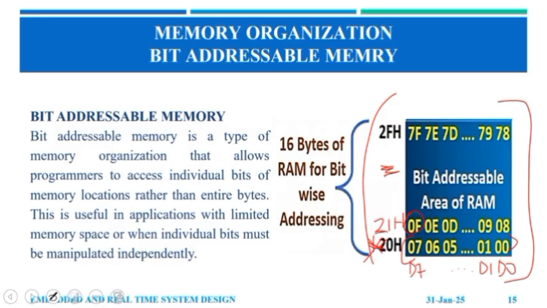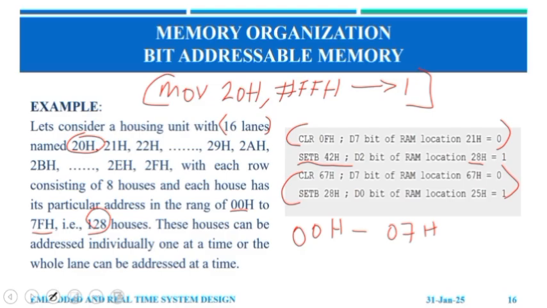So D0, D1 to D7 are represented as individual bits in each of the memory locations. So bit 7 of memory location 21H is being cleared, which means making it 0. That is what this instruction means.